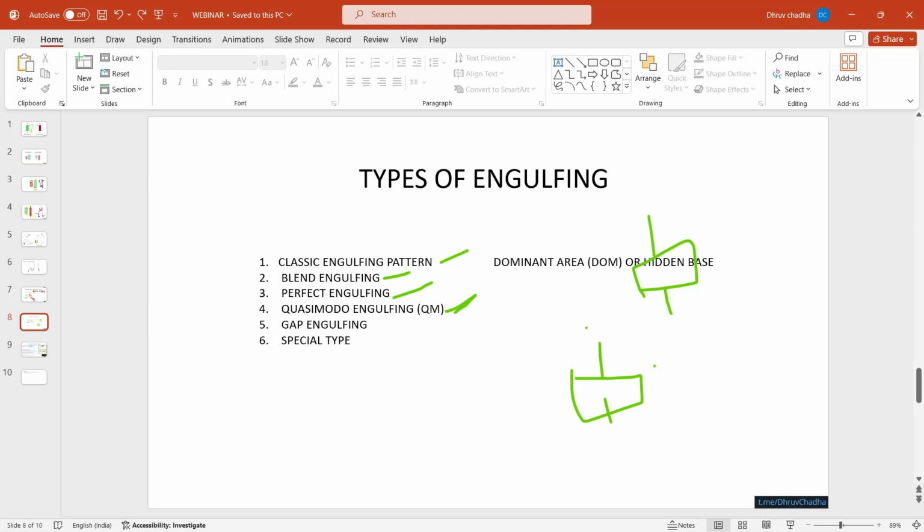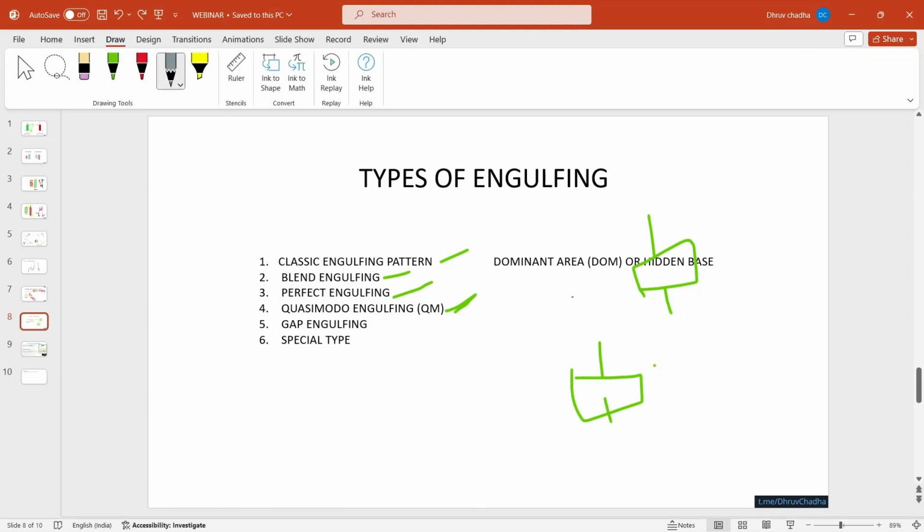You could mark this whole zone as a gap area. There's nothing much to talk about here. You won't see this happening much in the charts, especially in the forex market. But in the stock market, you will see gap engulfing patterns forming eventually. So this is gap engulfing.